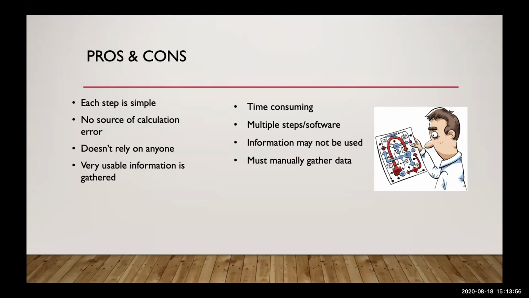And the current process doesn't rely on anyone else. I'm not waiting on a subcontractor to fill out a DCR so I can figure out how much work they got done for the day, doing everything myself. Another one of the pros was that once I got this done, it's very usable information for me, especially as an intern. For the future, I can look back at this production tracking.